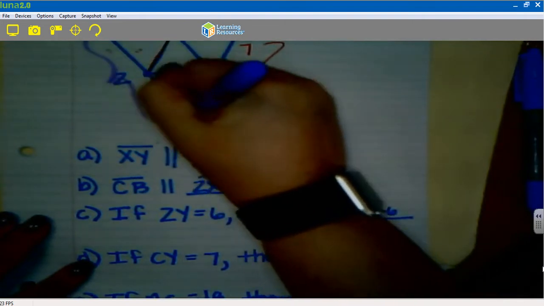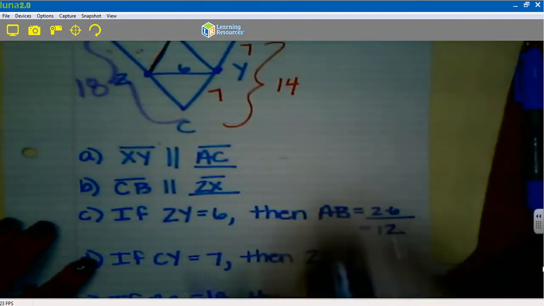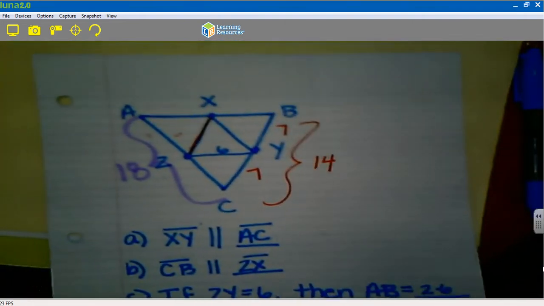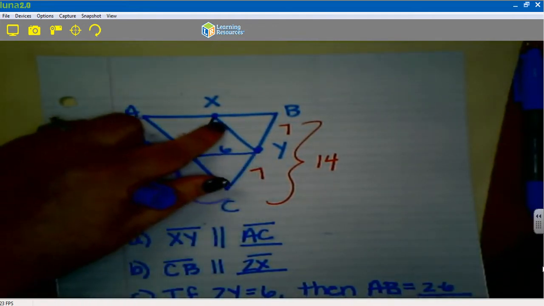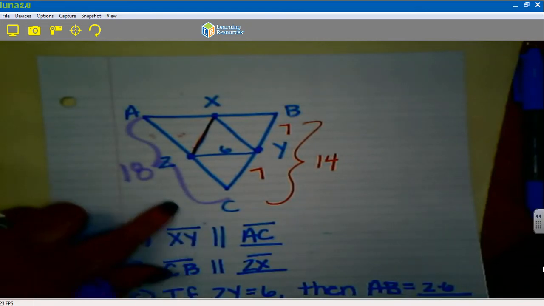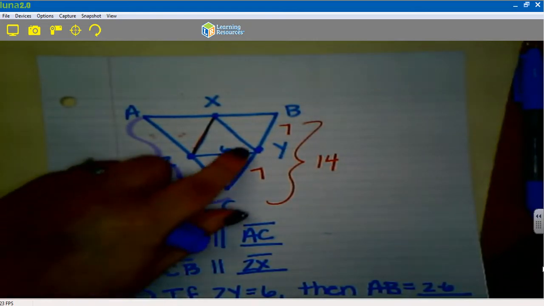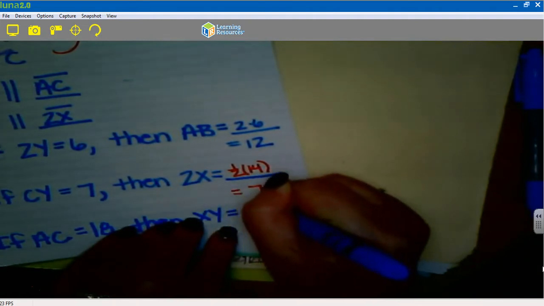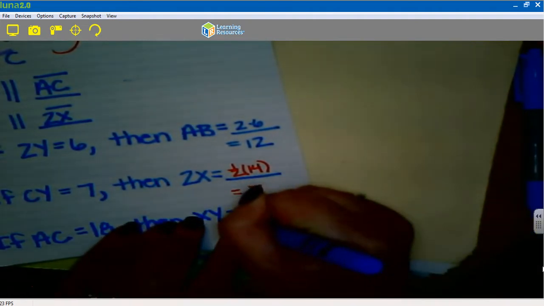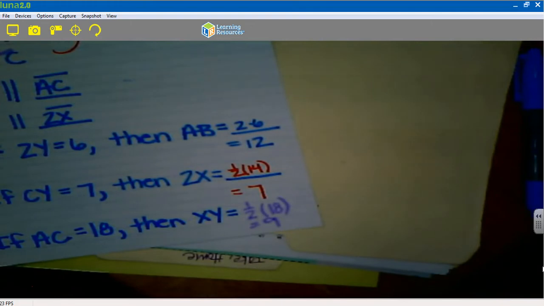AC is 18. Corresponding midsegment is XY, so if we know the whole side, that means the midsegment is half of that. So half of 18 is 9. So XY is 9.